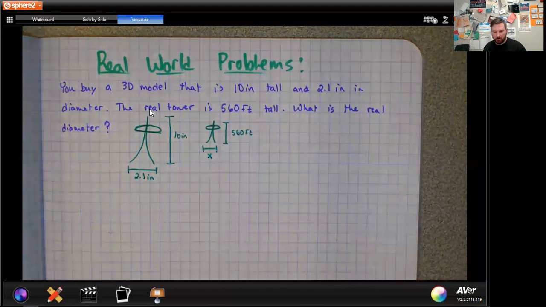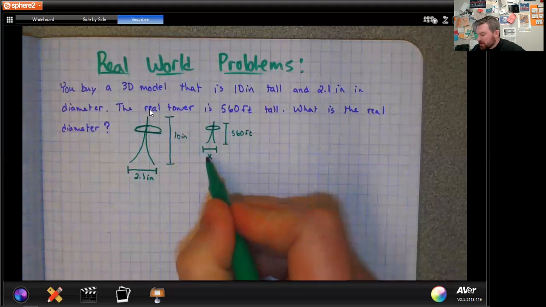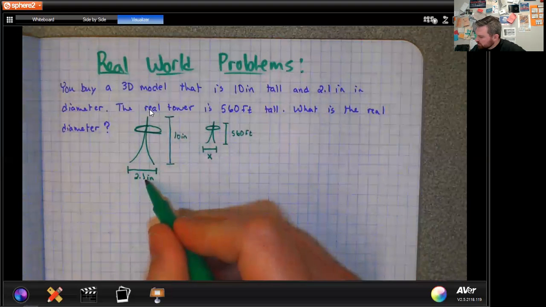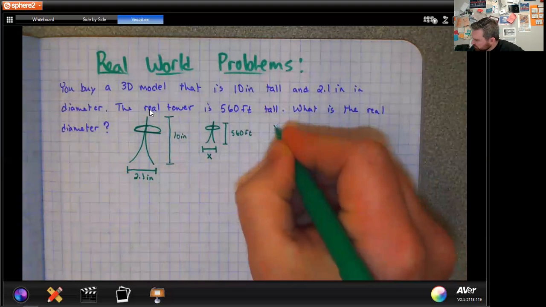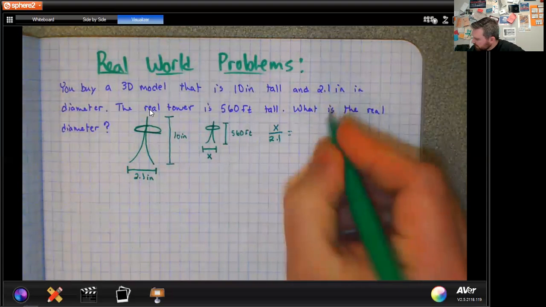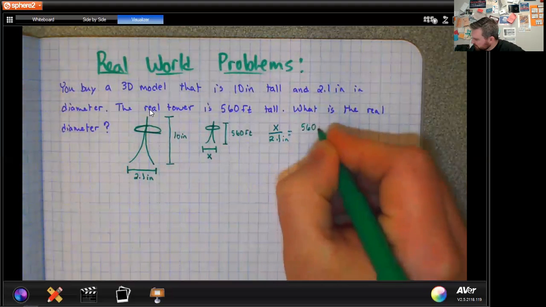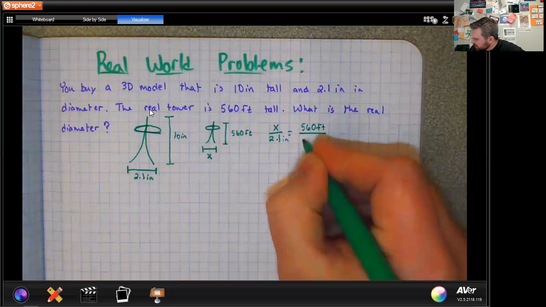So now that we have our picture, we can see how to solve this. We can set up our proportion, and we'll start with X so that X is on top: X over 2.1 equals 560 feet over 10 inches.